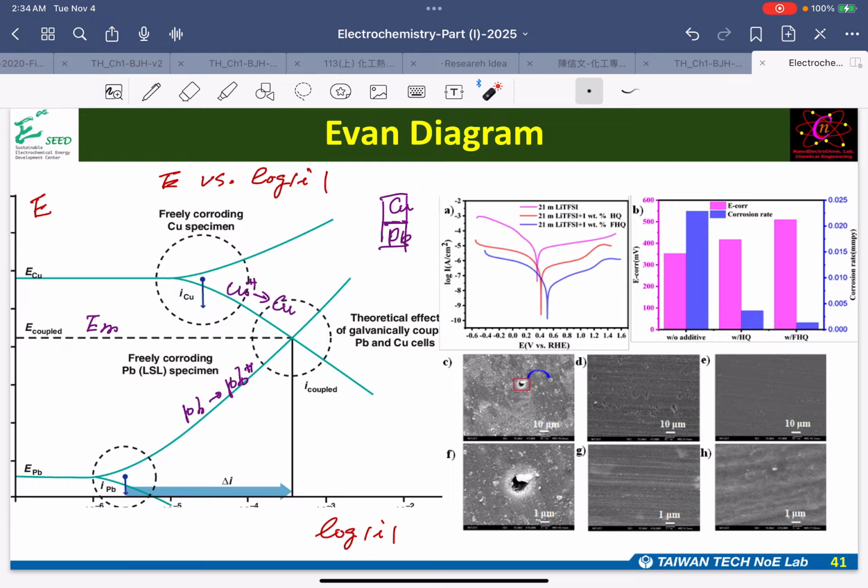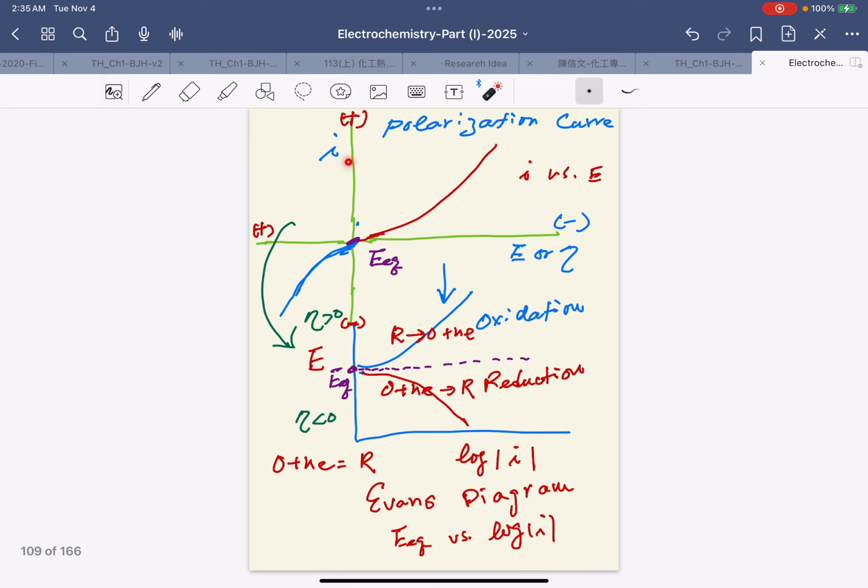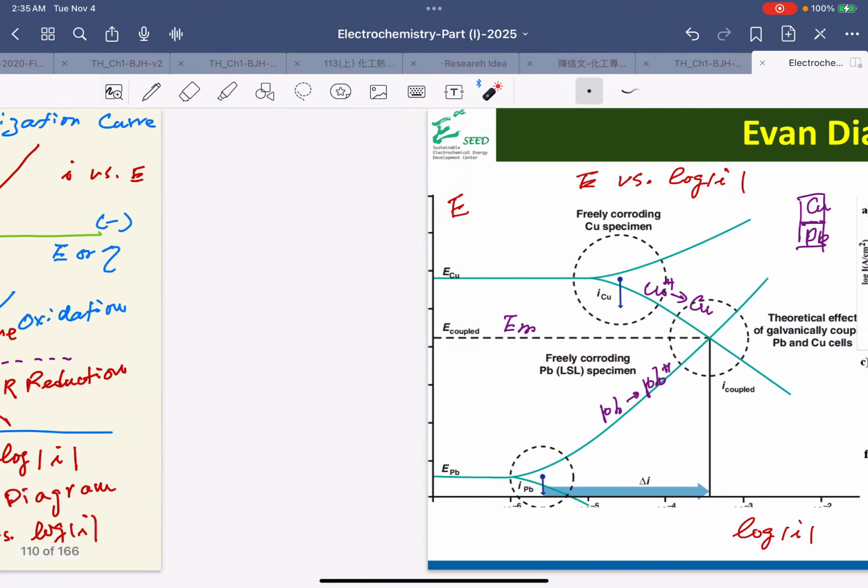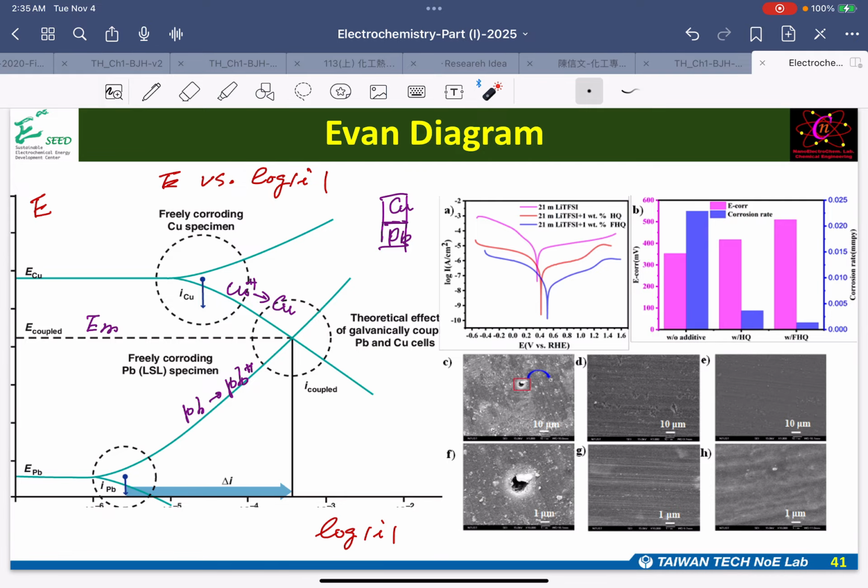If these two metals contact together, you can do one polarization curve of the copper, like the curve I just mentioned. But you can also perform one for lead as well. So you get two curves, then you can transform them to this Evans diagram. So you get this diagram.